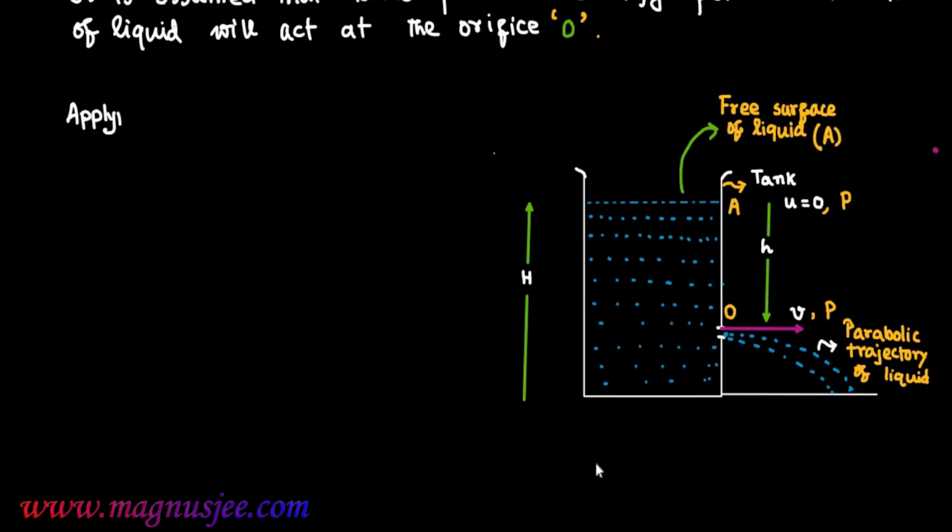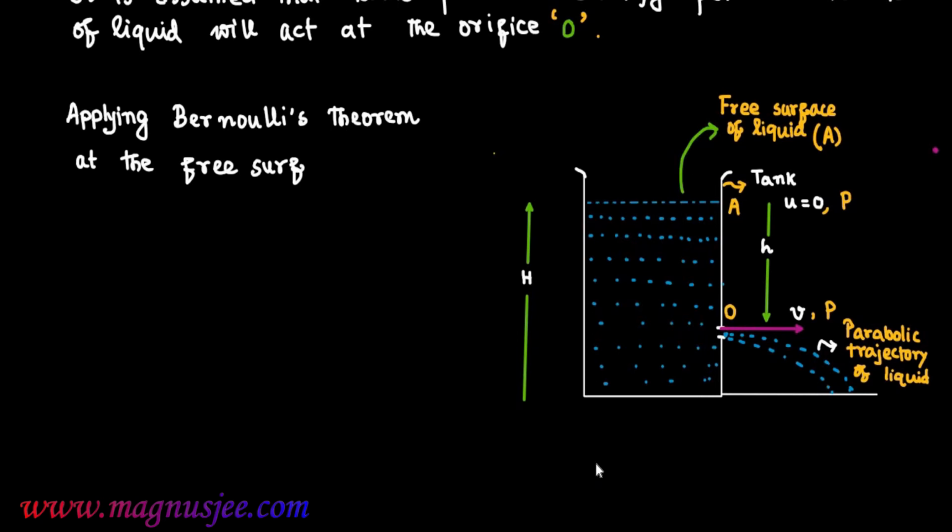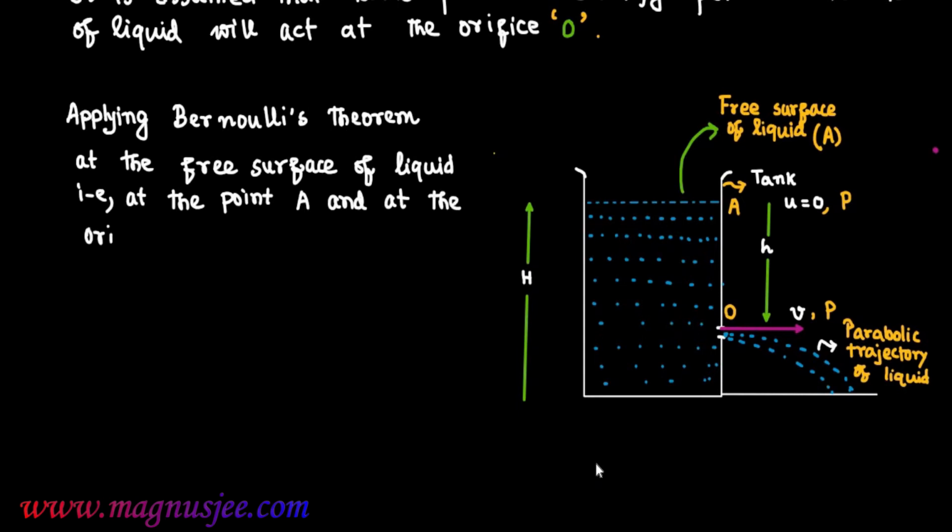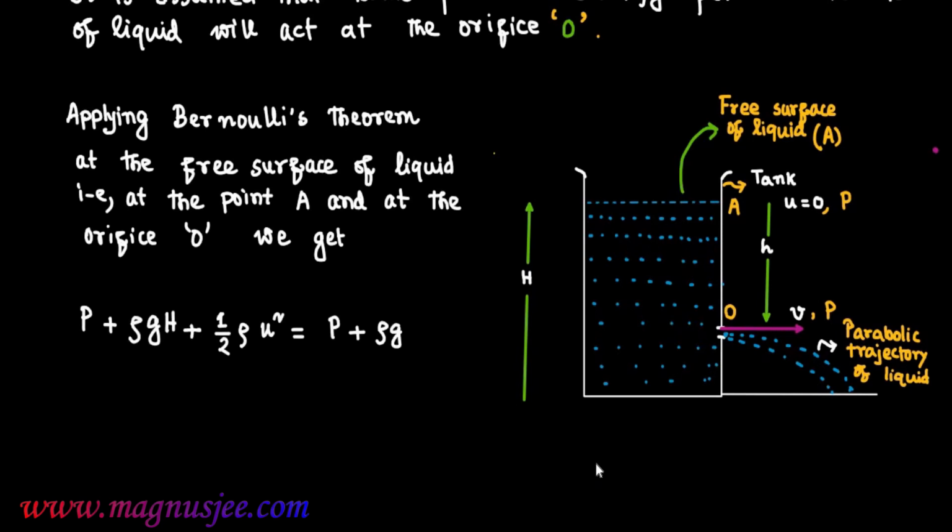We can denote the free surface of liquid as A. Applying Bernoulli's theorem at the free surface of liquid, that is at the point A, and at the orifice O, we get P plus rho gH plus half rho u square is equal to P plus rho g (H minus h) plus half rho v square.